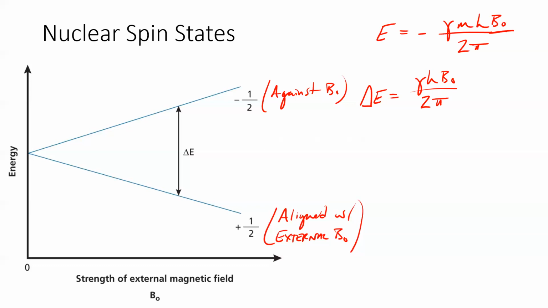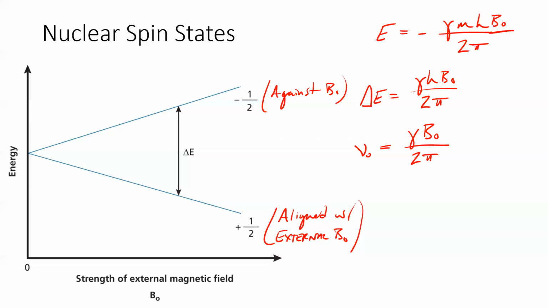With any energy, we can convert that to a frequency. And so the frequency that we're going to use has a naught there. So nu naught is equal to gamma, if we just rearrange this, gamma times B0 divided by 2 pi. Okay. Since E equals h times nu, if we just rearrange things, we get nu.